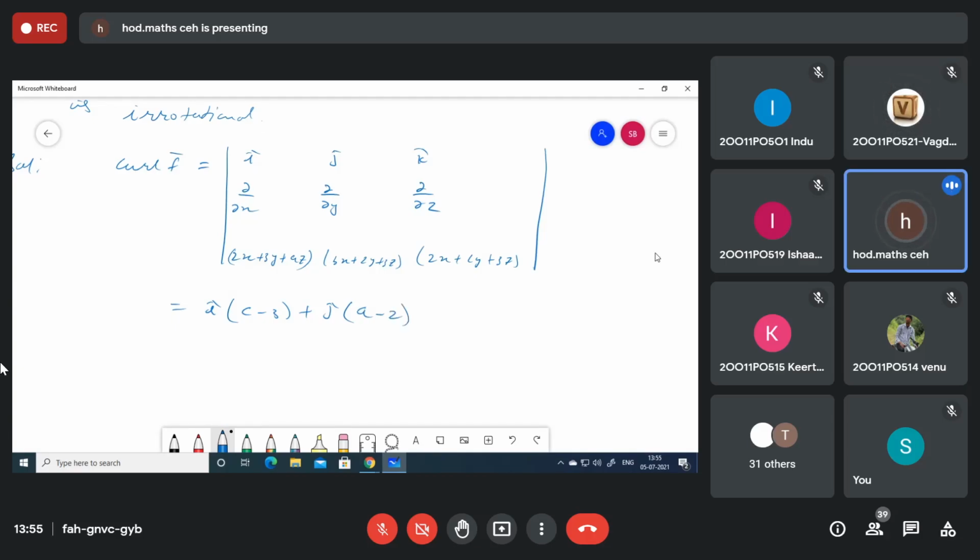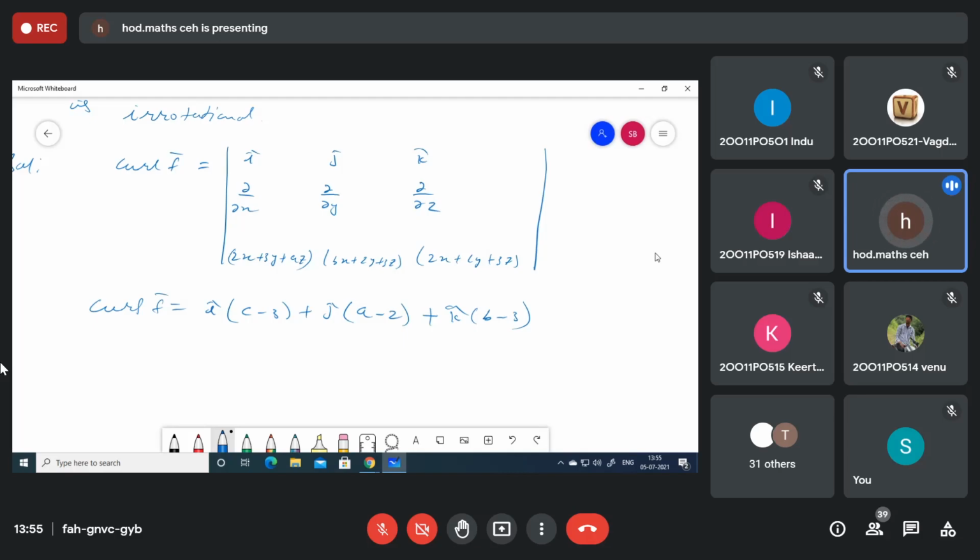With k cap? A minus 3... B minus 3. So this is your curl of f bar. Now you need to find a, b, c.